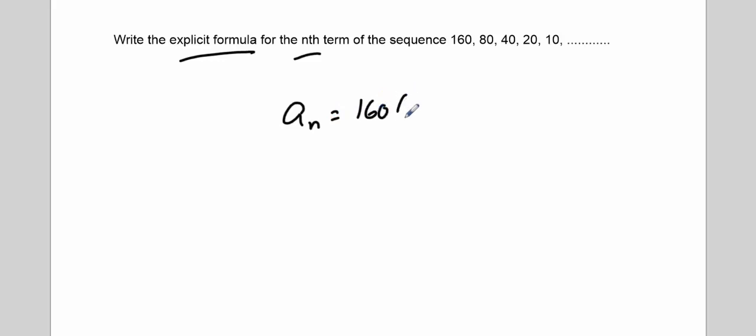We can just eyeball this and know our ratio is a half, 80 over 160 for those that can't eyeball. And then 40 over 80, just for fun. And then that's going to be to the n minus 1 power. It's just a vocabulary thing that guys get confused at. What are you looking for when they ask for the nth term?